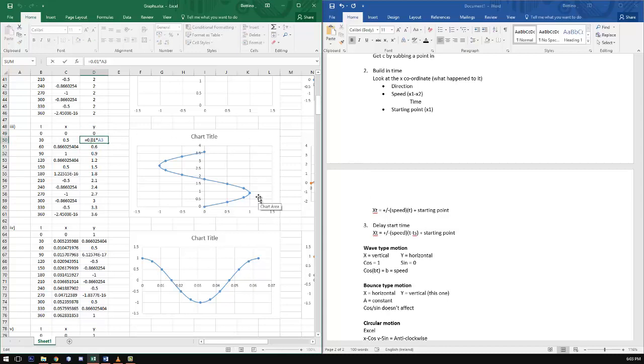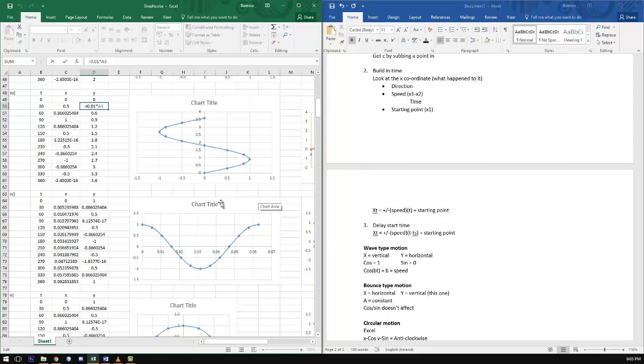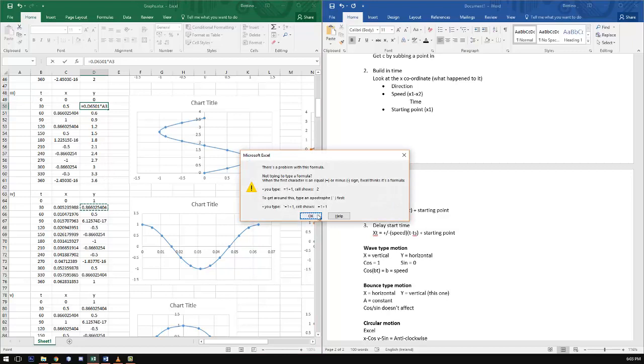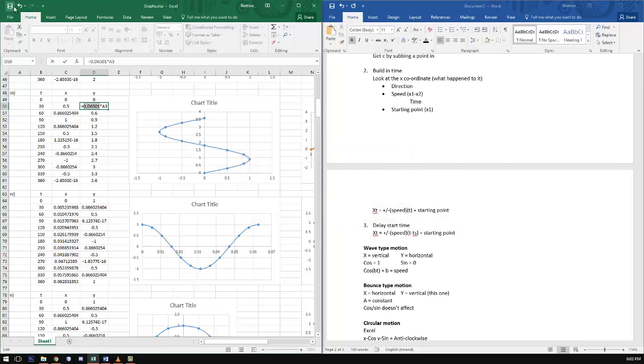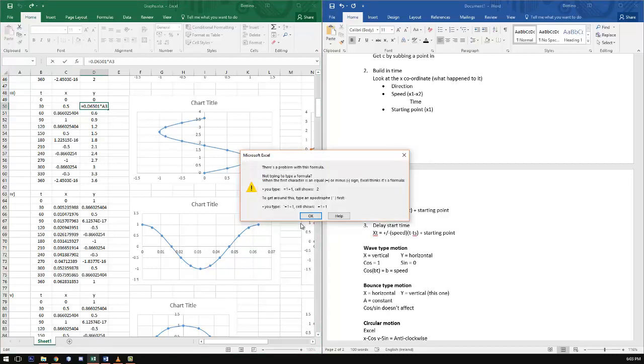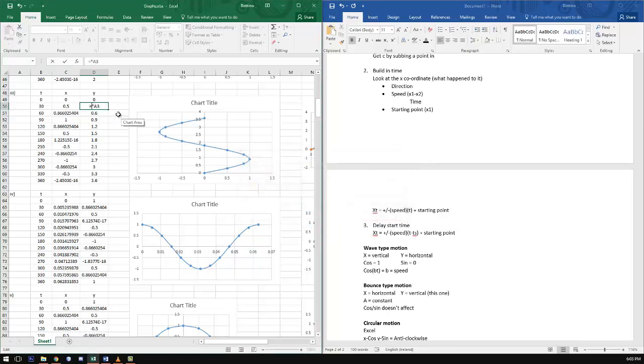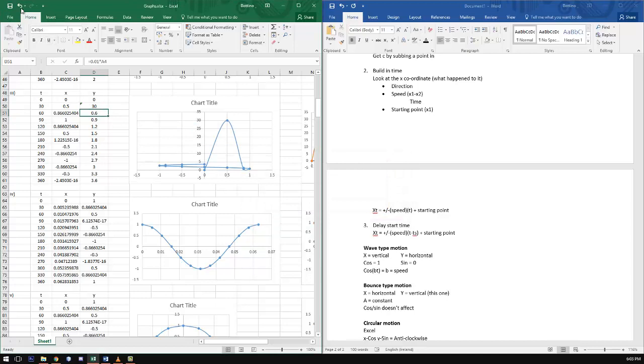But if the y has a cos, it'll be a vertical wave, such as this. A horizontal wave, such as this. Cos is in it, and then in the x it's just a constant.